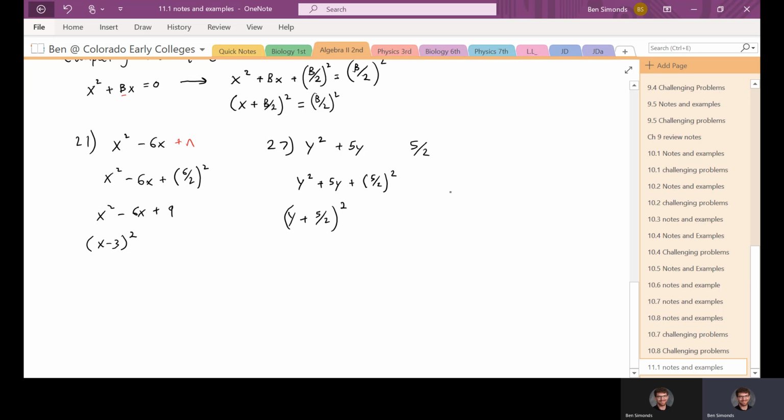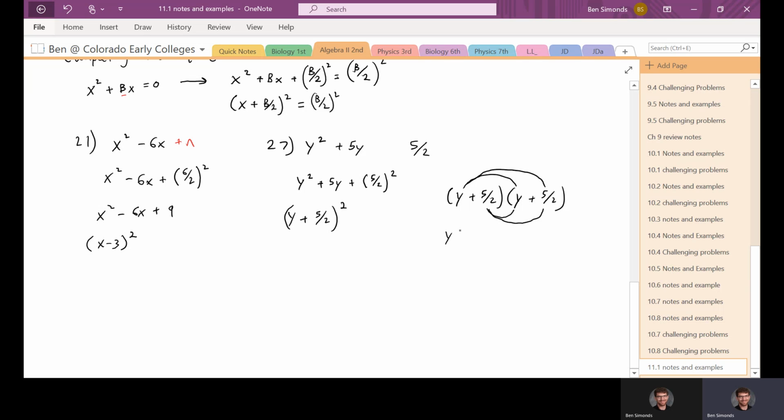So what am I talking about here? I'm talking about FOILing. So y plus 5 over 2 squared is the same thing as saying y plus 5 over 2 times y plus 5 over 2. So when we FOIL that, we get y times y, y times 5 over 2, y times 5 over 2, and 5 over 2 times 5 over 2.